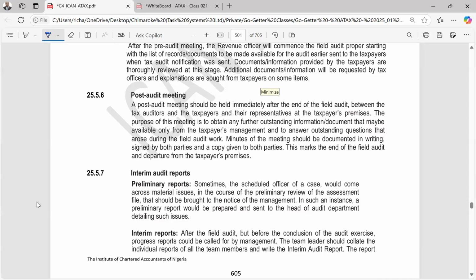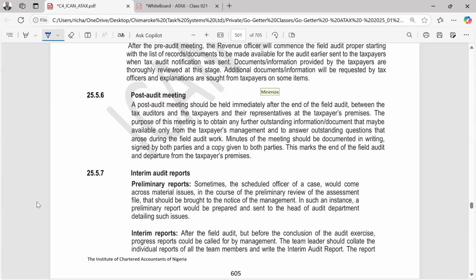And so the purpose of the meeting is to obtain any further outstanding information that may not be available to the tax authorities, that is only available to the taxpayer. And so we need to find out.